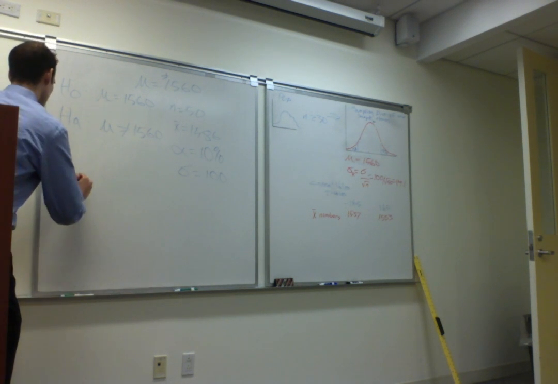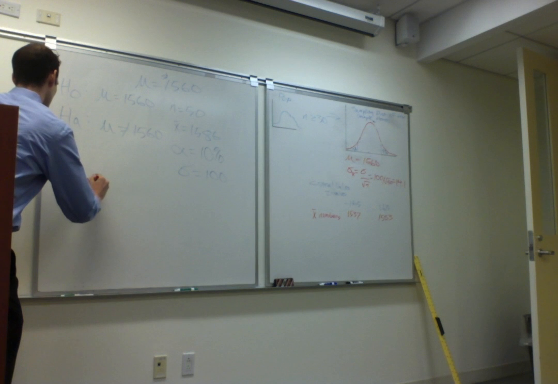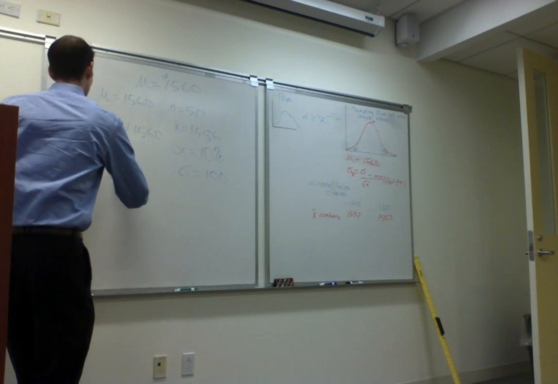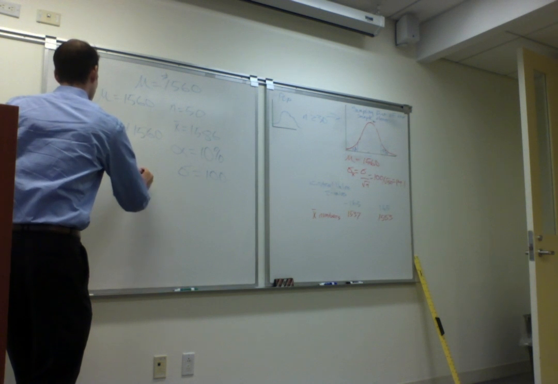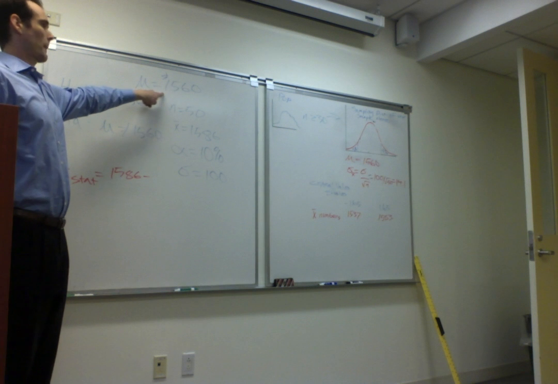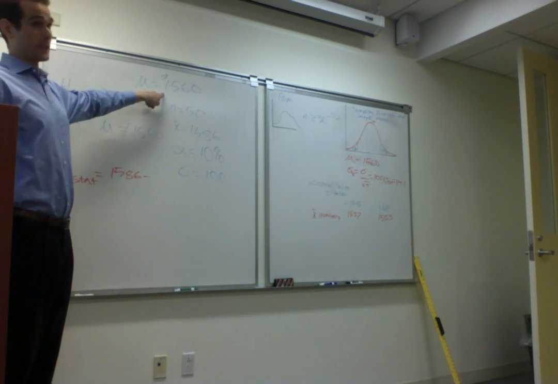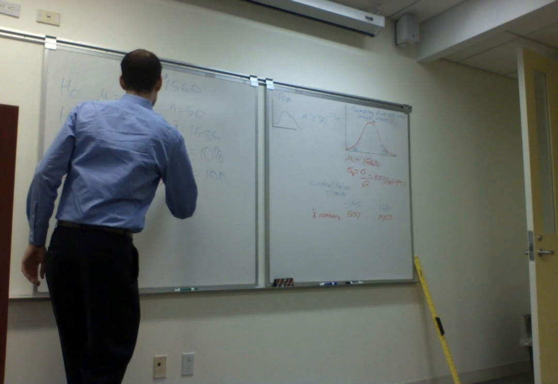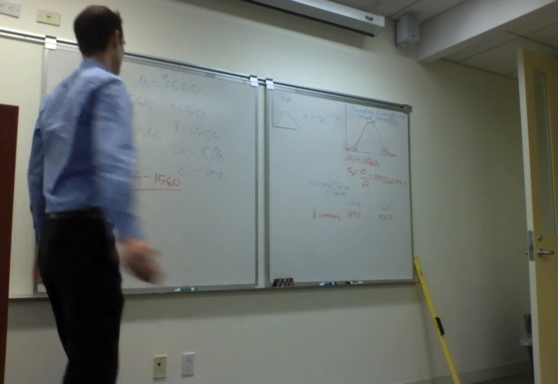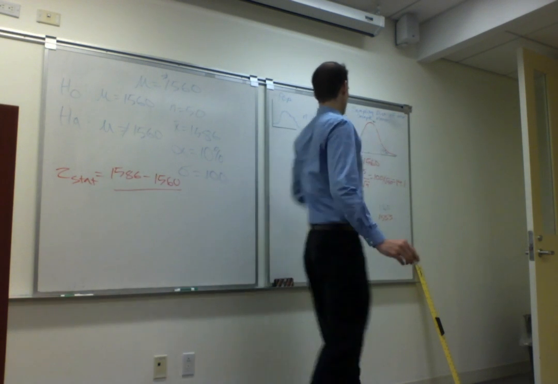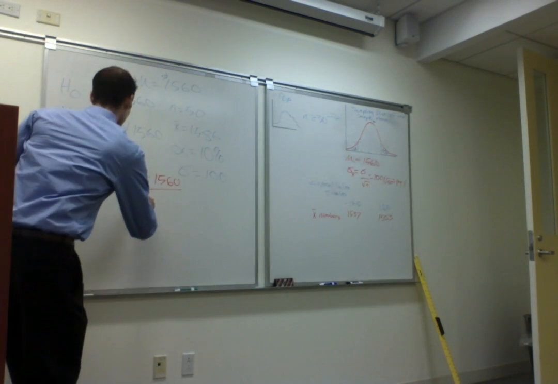So the z-stat equals the sample mean that we found, 1586, minus the population mean, assuming it's true, 1560, divided by the standard deviation of our sampling distribution of sample means, 14.1.